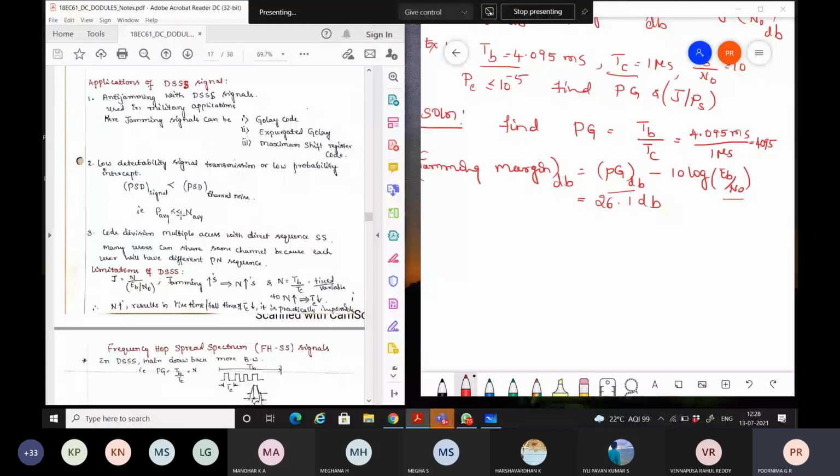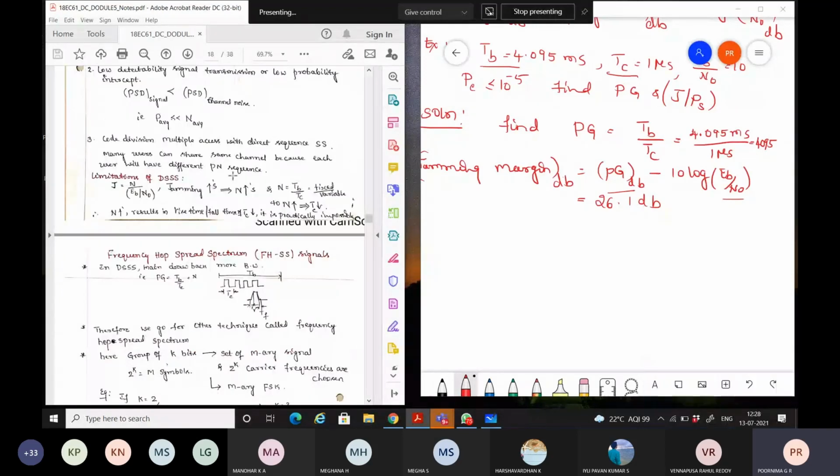Another important application is code division multiple access with direct sequence spread spectrum. Many users can share the same channel because each user will have a different PN sequence.